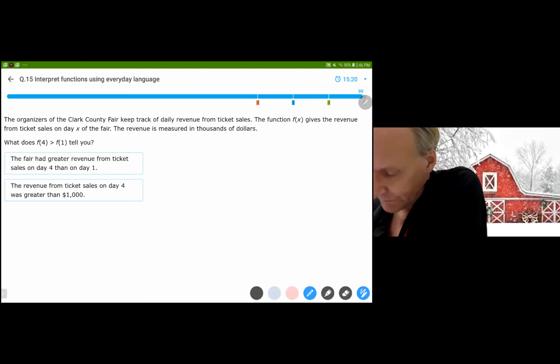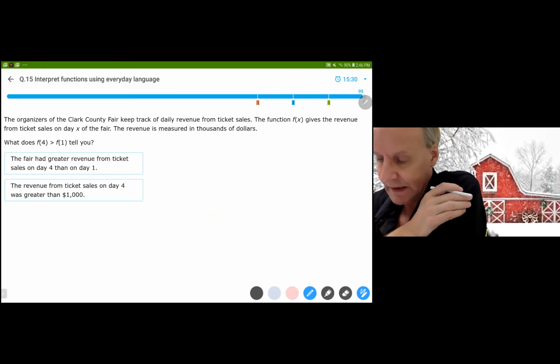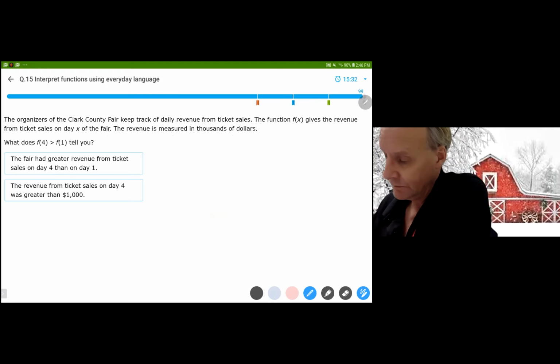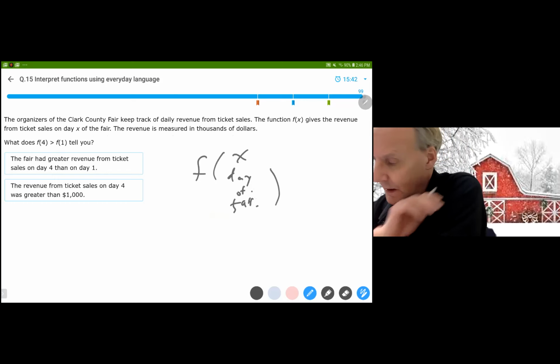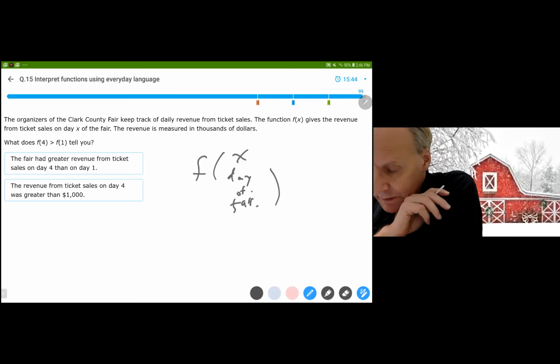Yep, last one. Okay, the organizers of the Clark County Fair, probably in Vegas. The function F of x gives the revenue from ticket sales on day x of the fair. F of x, day of the fair. And this is x days of fair, and this gives us revenue, or money from tickets.